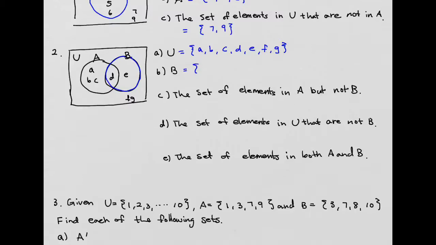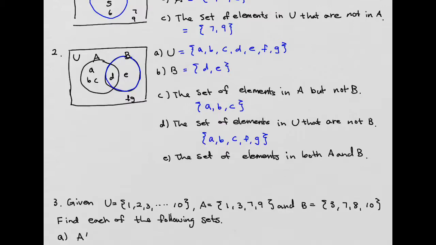So it will be D and E. And then the set of elements in A but not B. So it's in A but not B, which is going to be A, B, C. You don't include D because D is in B. The next one is asking the set of elements in the universal set that are not in B. So it's inside the universal set but excludes set B. That's going to be A, B, C, and F, G. So just exclude D, E from the universal set.